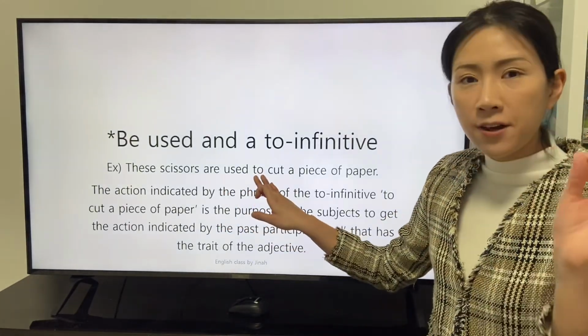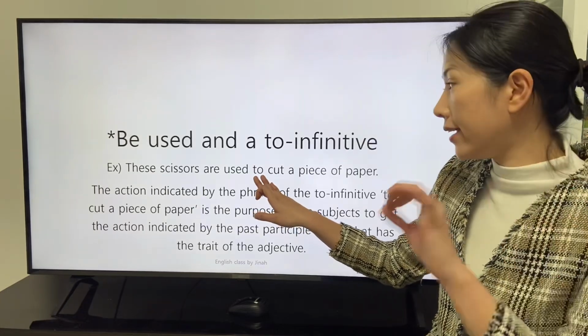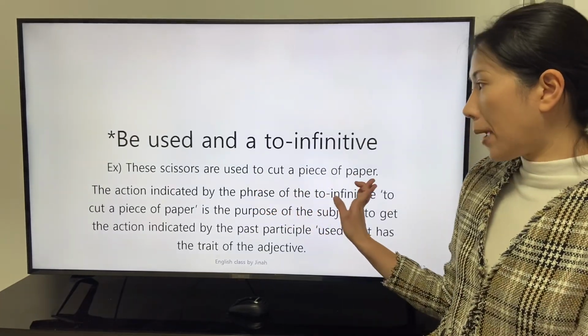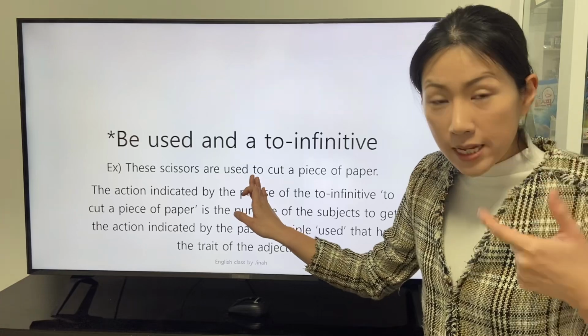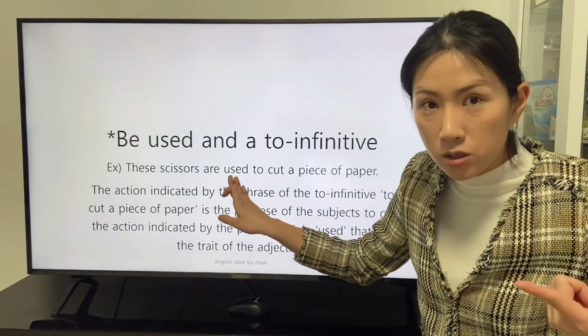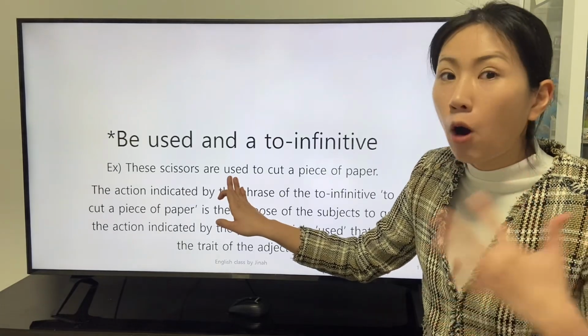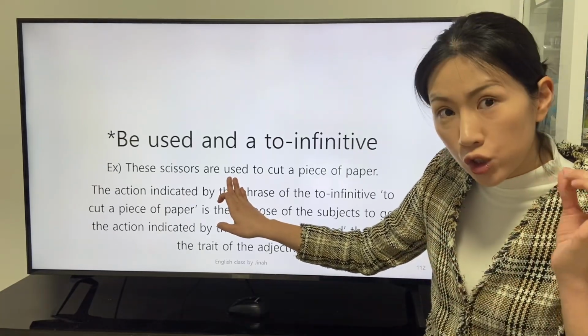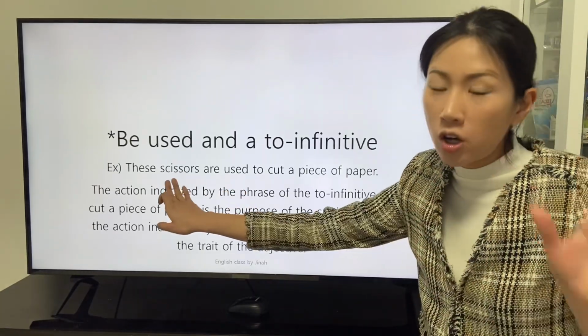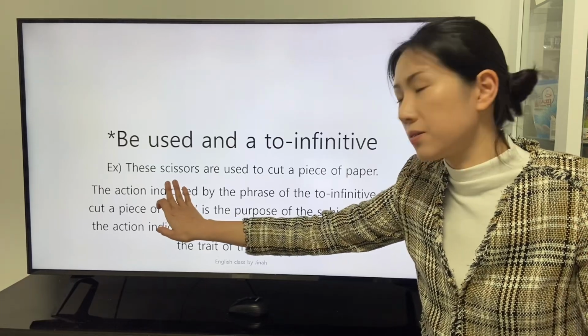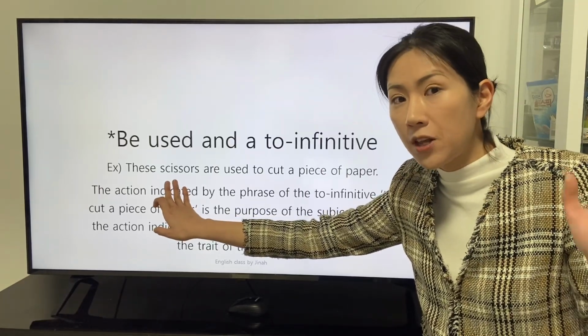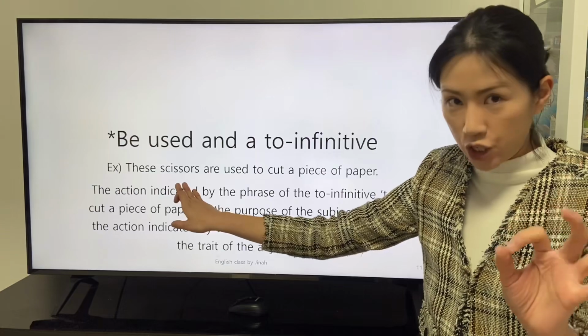So the to-infinitive phrase, to cut a piece of paper, describes the purpose of the action indicated by the past participle, to describe the condition of the subject indicated by the noun phrase, these scissors.